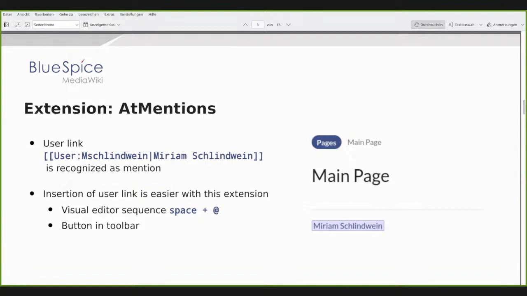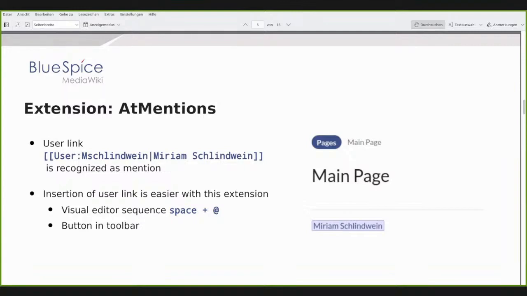That's why we added AtMentions, so it will be a lot easier to add a user link. You will get an inspector where you can search for username or real name, and the link will be automatically inserted in the content. Also, if you save the page, the user will be notified that they were mentioned on a page and that they have to check out the page.